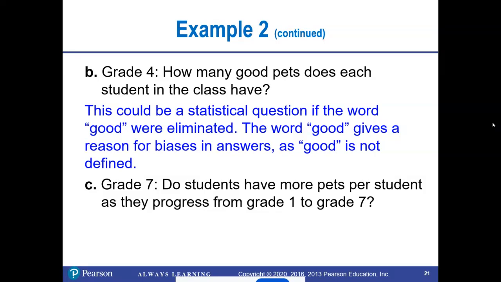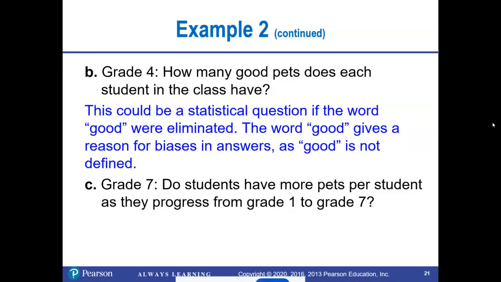Good is not defined. Maybe that morning before school, everybody was running late because the pet had an accident. And so therefore that day, that pet might not be a good pet, but the previous day, the student might have answered the question totally differently. So you would definitely need to eliminate that word good.